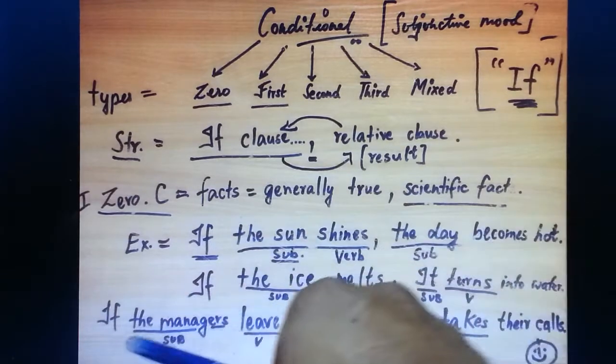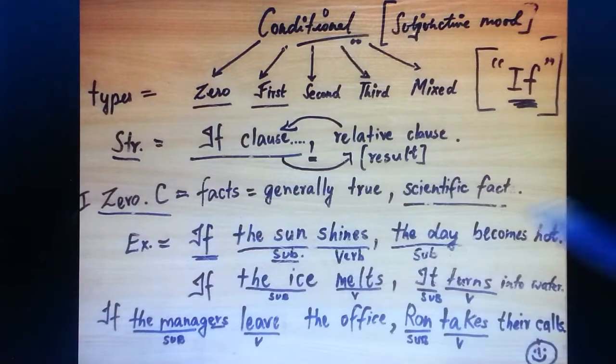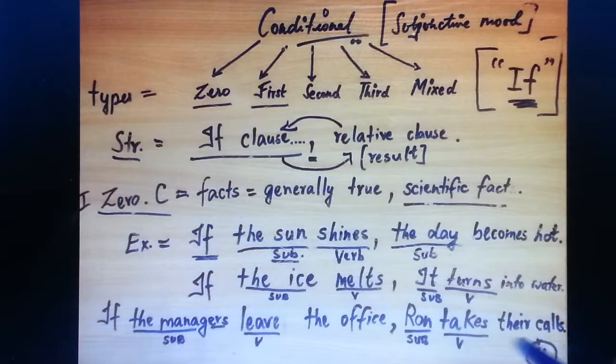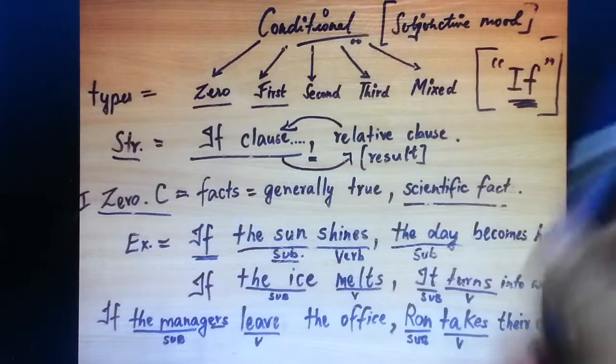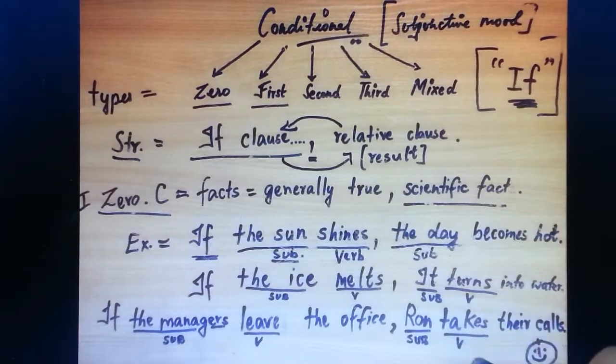So if the managers leave the office, Ron takes their calls. Here this sentence is also in present simple. We see Ron is a subject which is singular, one person, and takes, which is the verb, has an S in the end. Why? Because Ron as a subject is singular.